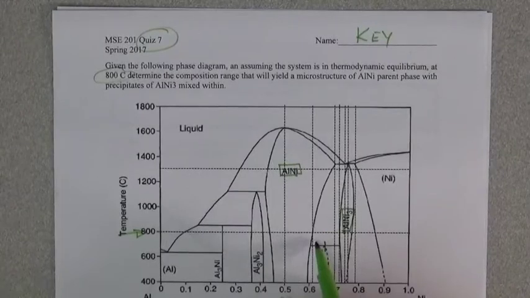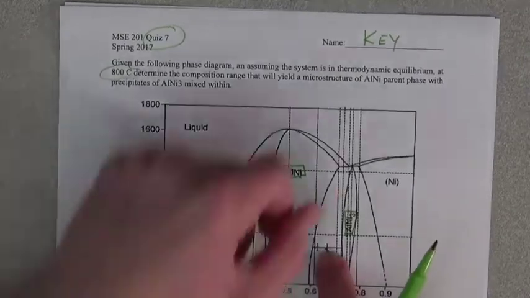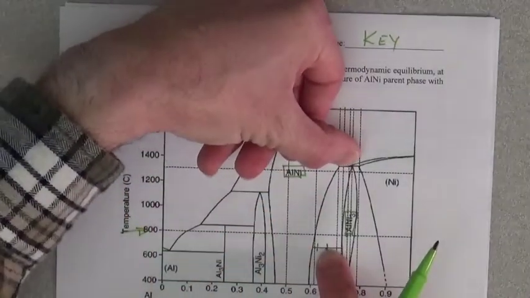Naturally, if you were to cool down to here, you would get a mixed aluminum nickel and aluminum 3 nickel 5, and if you cool down into this region, you would get a mixed aluminum 3 nickel 5 and aluminum nickel 3 microstructure. But we're only going to work here.